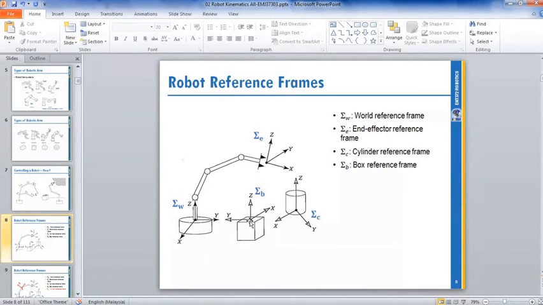So how do we define this frame? We define this frame based on your vision system. Or you can specify it, say by putting a jig here to ensure that this component's orientation is fixed.